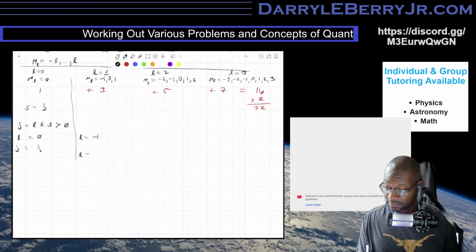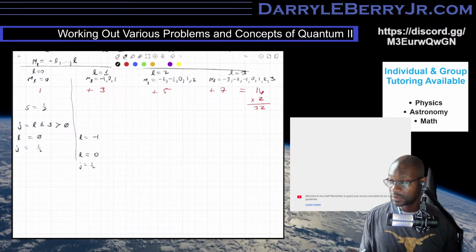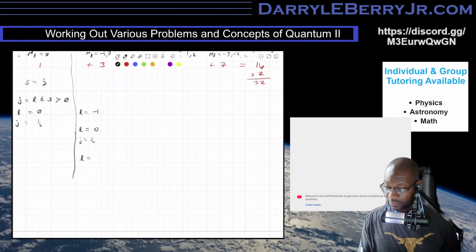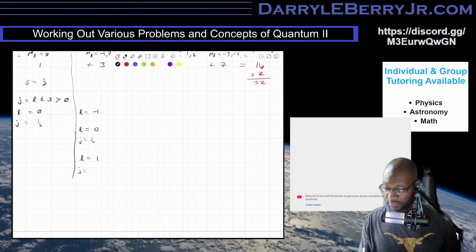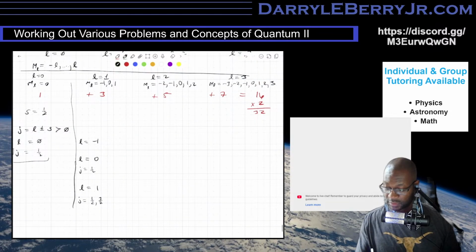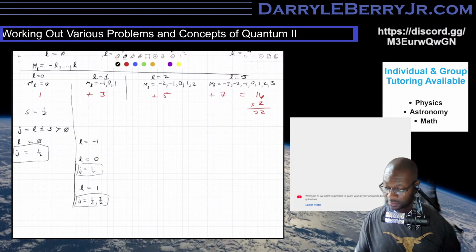If L equals 0, j equals 1/2. And if L equals 1, j equals 1/2 and 3/2. So we have 1, 2, 3.